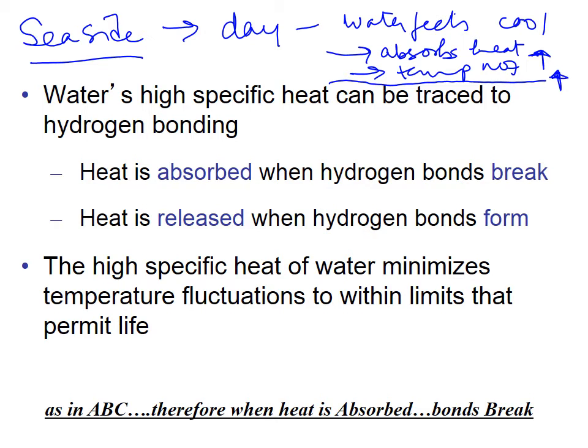Then by nightfall the land area is cooler and the temperature of the water is warm. So at night, if you walk by the sea, the water feels warm. So that is to explain the moderation of temperature.